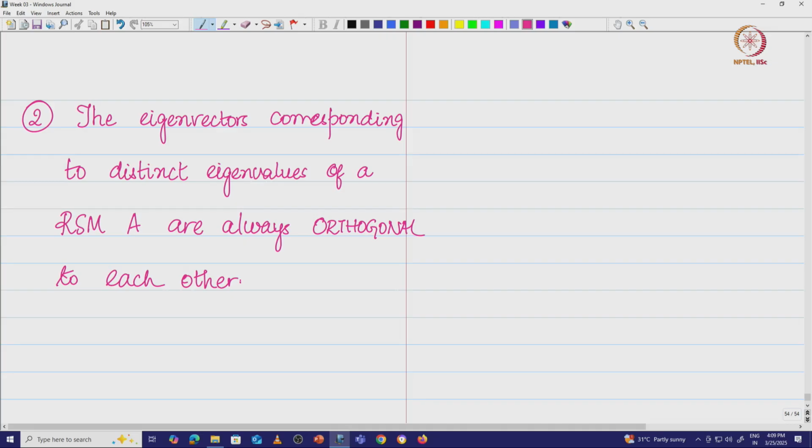This is very interesting. The eigenvectors corresponding to distinct eigenvalues of a real symmetric matrix A are always orthogonal to each other.